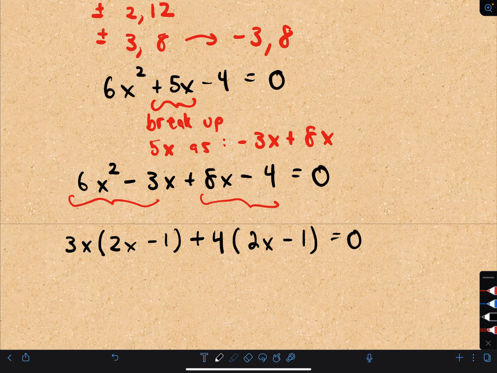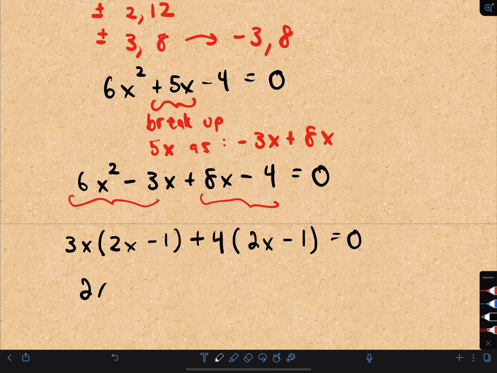The thing that's important here is we need the same thing in the parentheses. Notice I have a 2x minus 1 in both sets of parentheses. That's good because now we can factor further, because 2x minus 1 is in common for both of these terms.